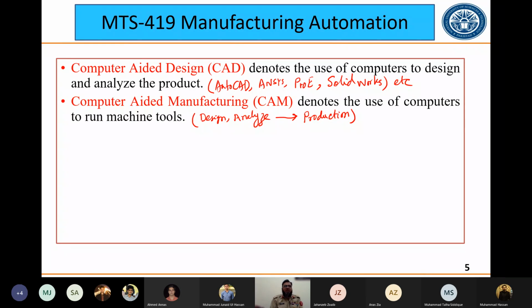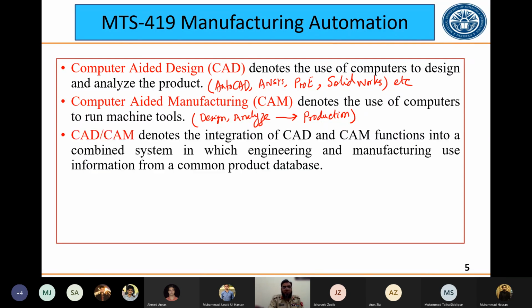So what we do is make the design on a computer in soft form, then we analyze it, and when we are sure that it can work well within a machine, then we go with the manufacturing. So this saves us time, and number two, it saves us the wastage of the material.